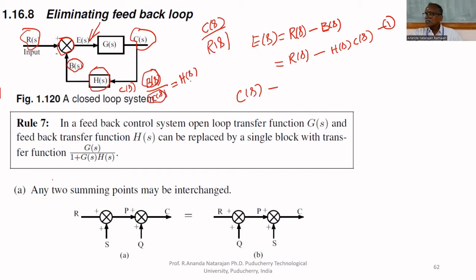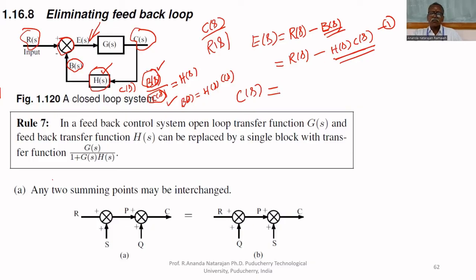Therefore, B(s) equals H(s) multiplied by C(s). That's why, instead of B(s), I wrote H(s) multiplied by C(s). Any doubt on this point?